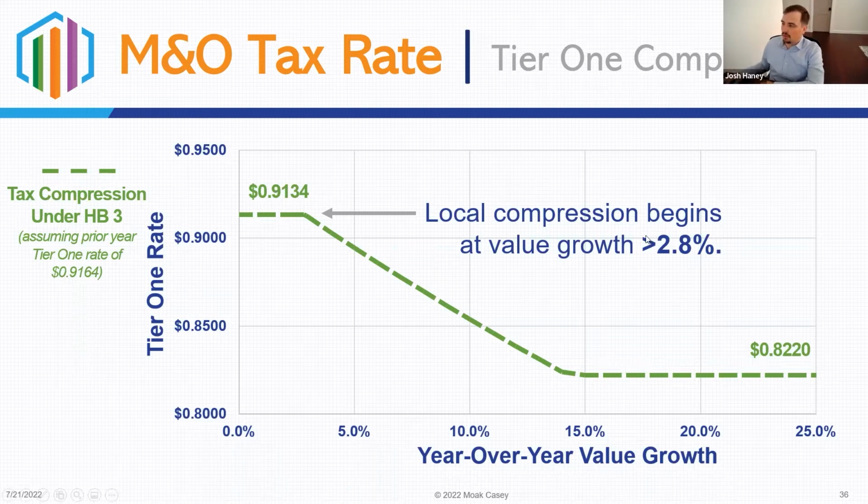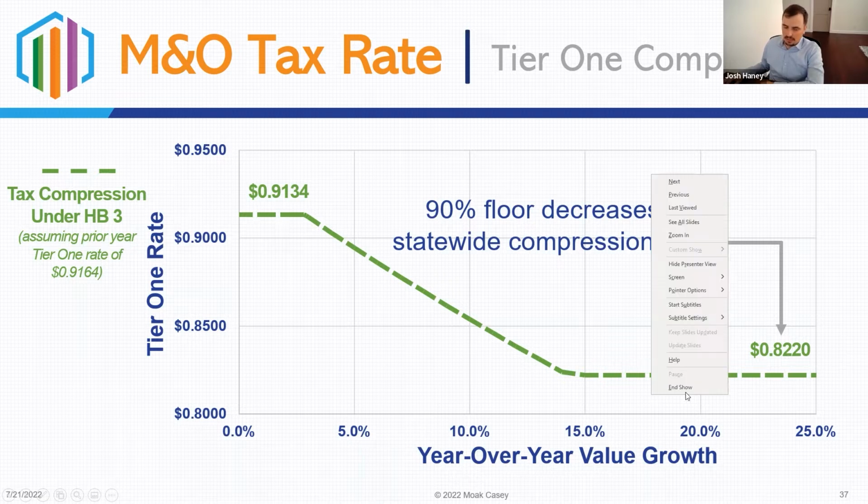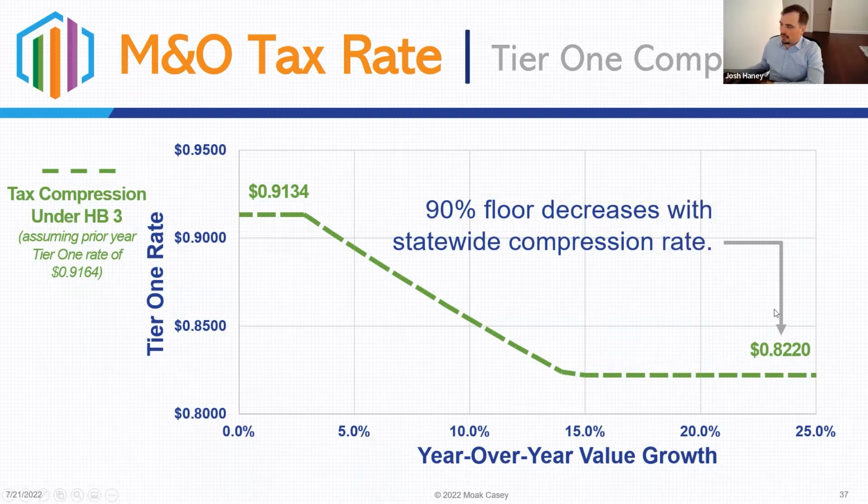Any growth north of 2.8% was going to put you on this local compression path here. And again, as this statewide compressed rate goes down, this floor goes down. 90% of 91.34 is now 82.20. And so that was the floor for those districts that had a lot of property value growth. They couldn't be compressed down below 82.20.